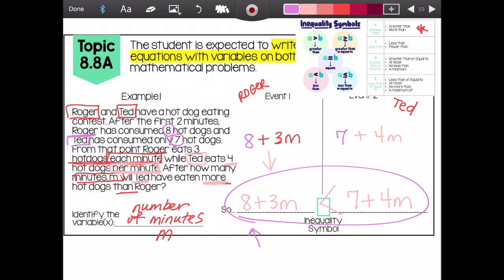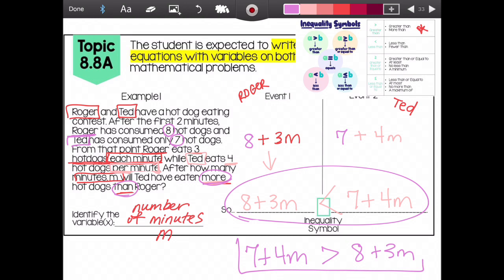If we wanted to put Ted first, like the question said, we could have written Ted's side first, 7 plus 4m, and now we can use the correct symbol, more than, which is greater than Roger. So this is our true statement if we write Ted first. All right, guys, so that's example number 1.